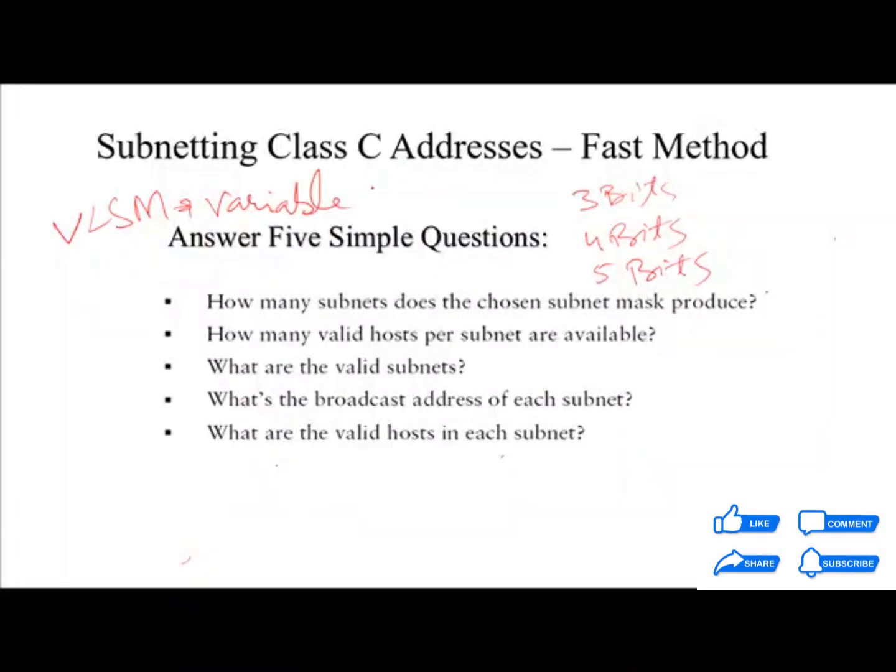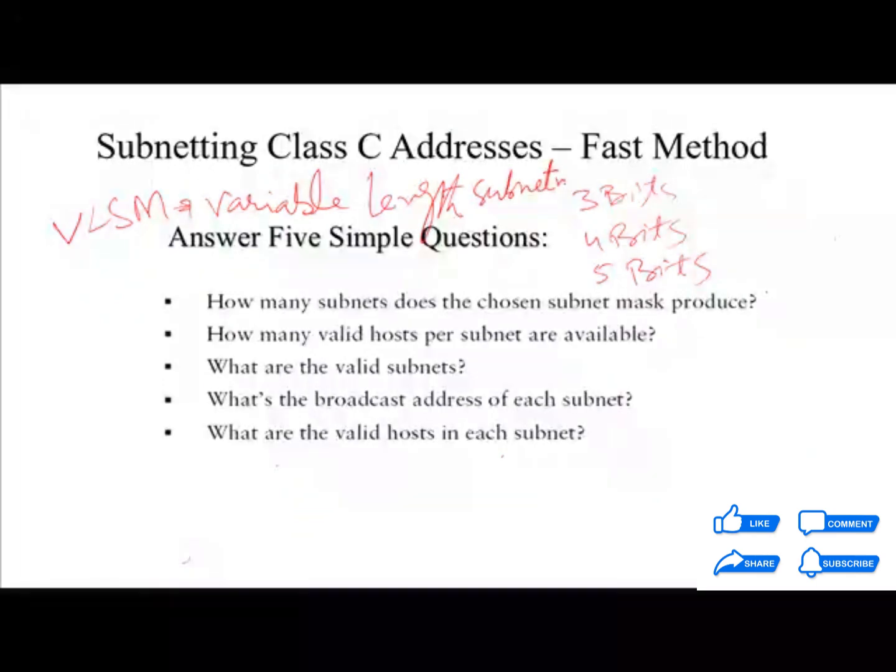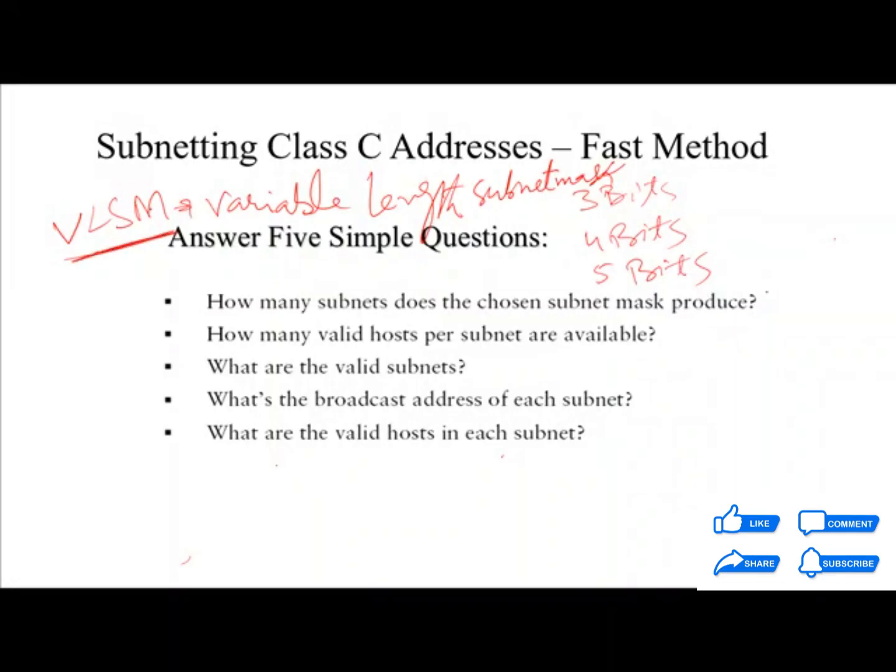Variable length subnet mask. So plenty of topics there, but as you know, there are different levels, so at the moment, keep focus on subnetting. We have resolved 2 questions.